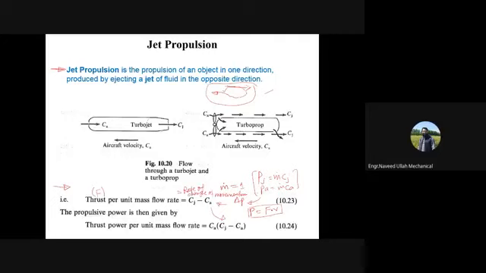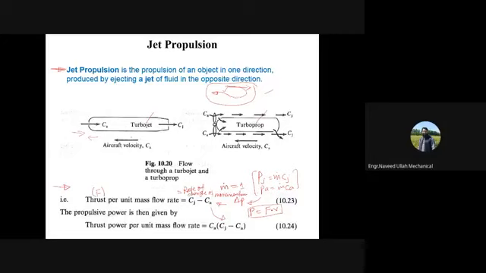So if you look at the turbojet engine or the turboprop engine, what happens is that there we have the air inlet velocity. Okay, this is the aircraft velocity, and this is the air velocity. Because the velocity with which the aircraft is moving, with the same velocity, the air will be entering this turbojet engine, okay, and this is your jet velocity.